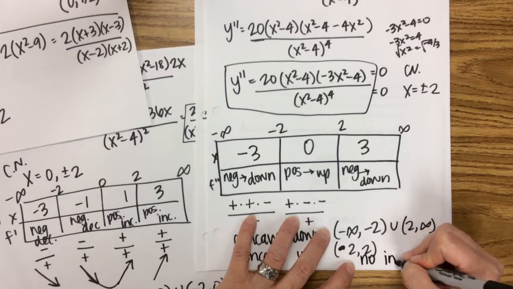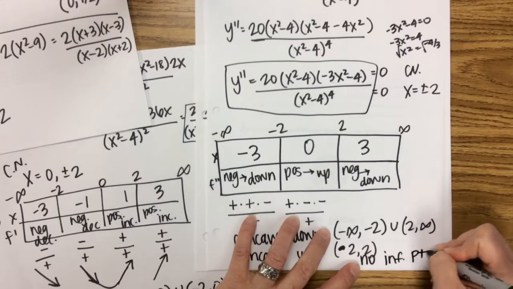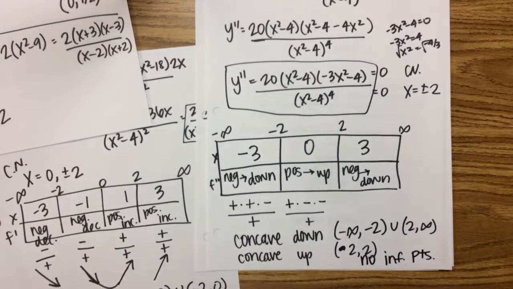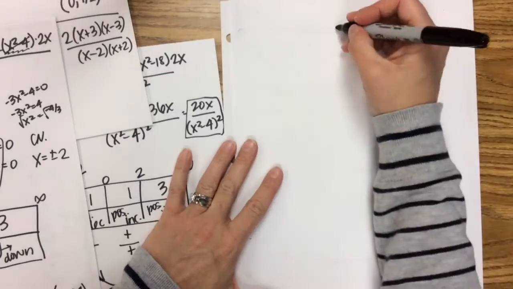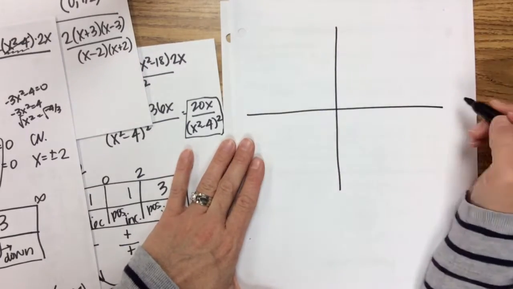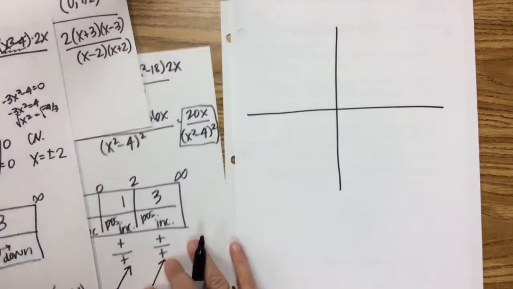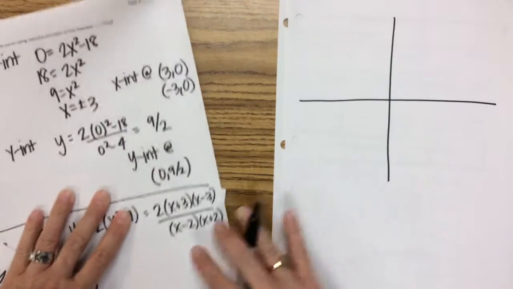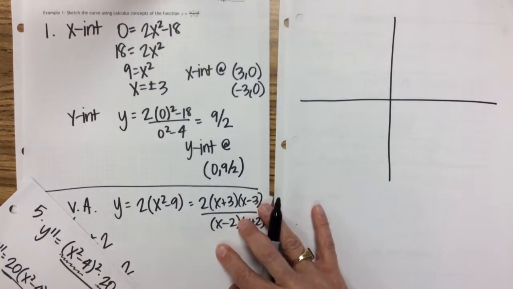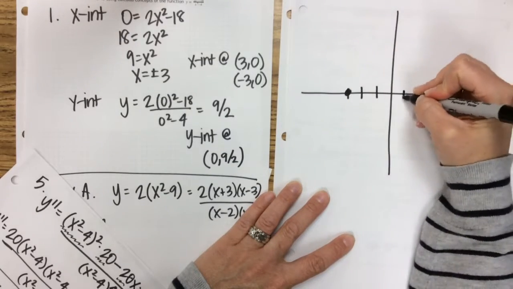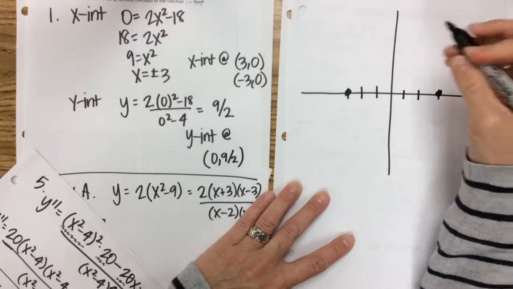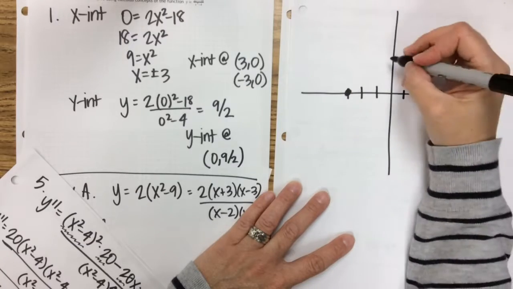So no inflection points. Now I have to take all this information and I need to graph it. So first I had my intercepts. 1, 2, 3. 1, 2, 3. 9 halves is 4 1/2.